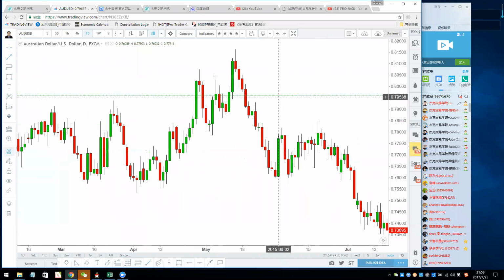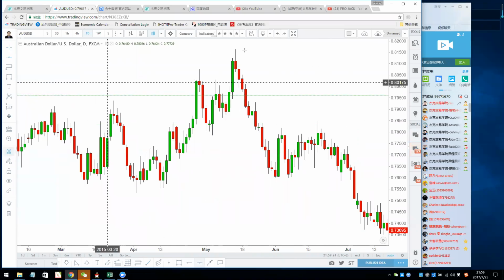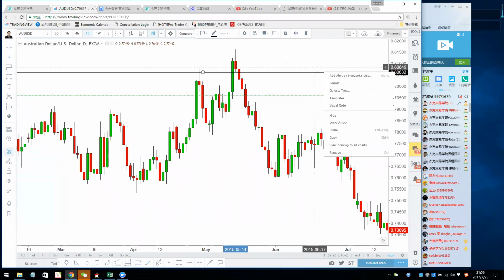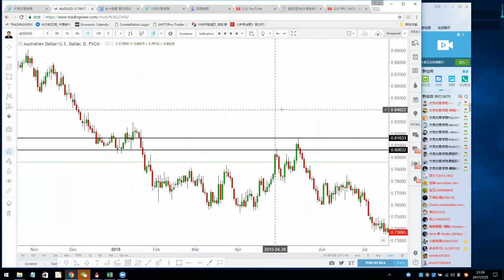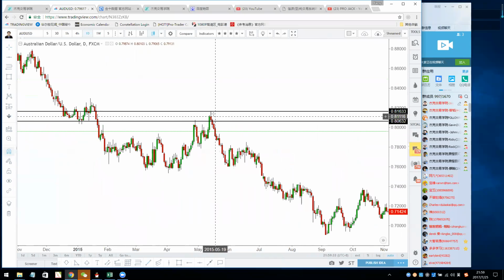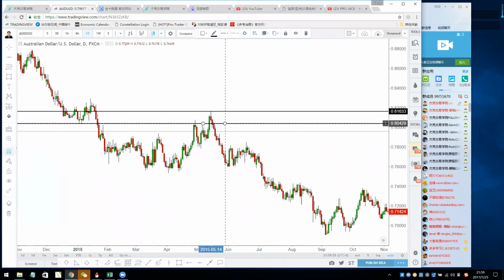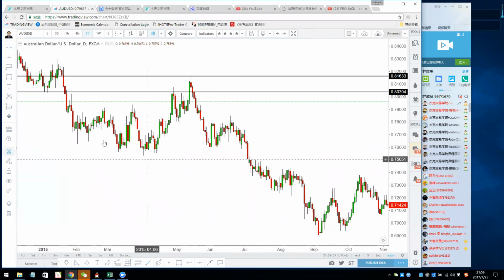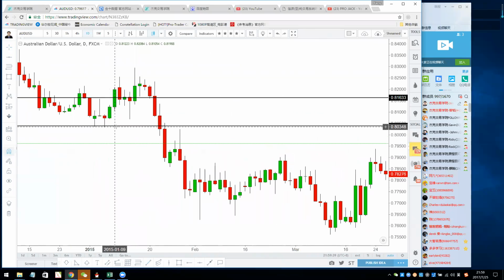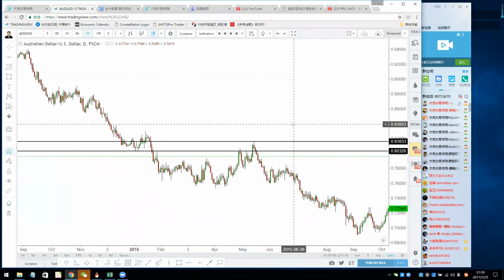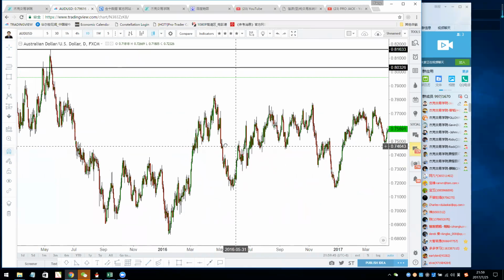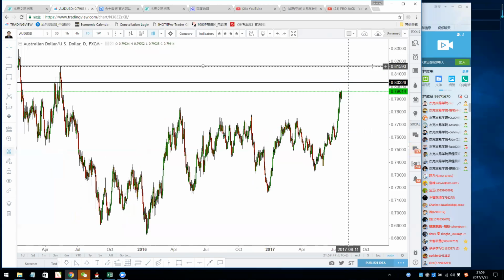It will be somewhere here at 0.80, from 0.8063 to 0.8163. Let me adjust a little bit: 0.8040. Pay attention to 0.84 and 0.8040. I think this area is going to become a very important resistance structure.